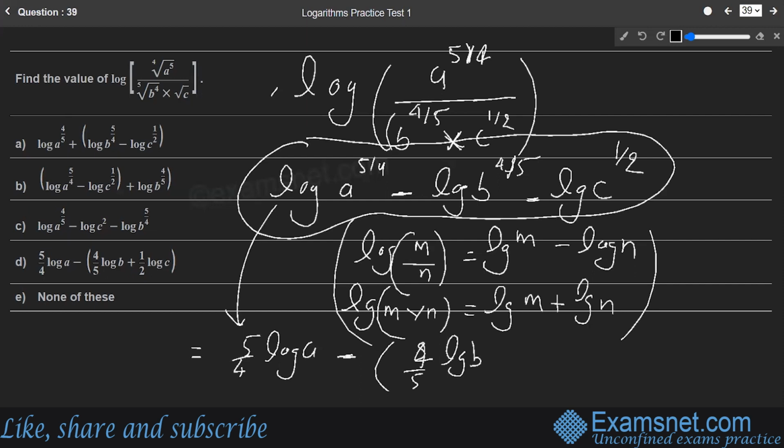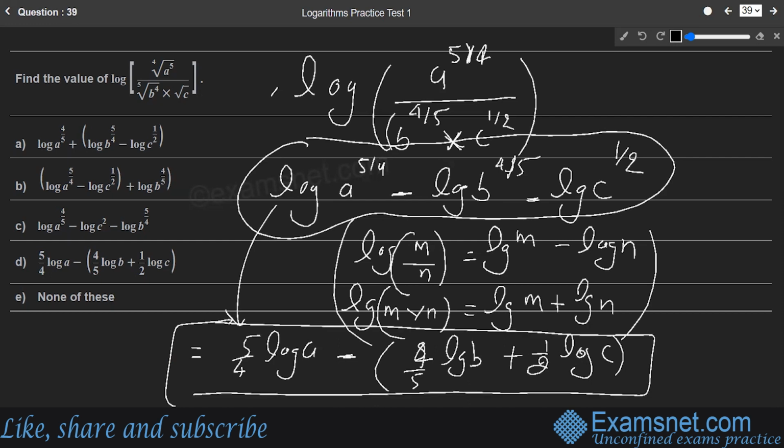The same property is used. Then plus log of c to the power 1 by 2 is 1 by 2 log c. The same property has been used multiple times, and this expression is available in the options. It is exactly option number D, so that is the right answer.